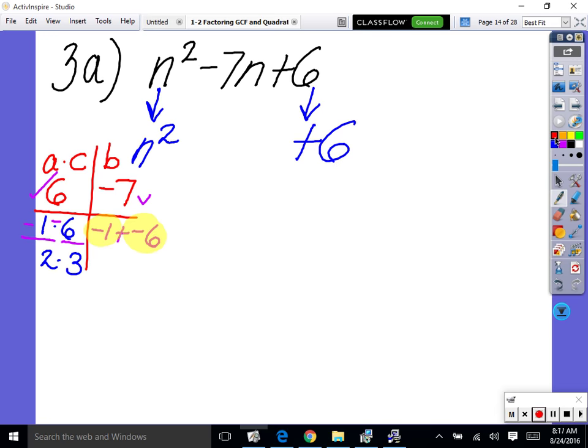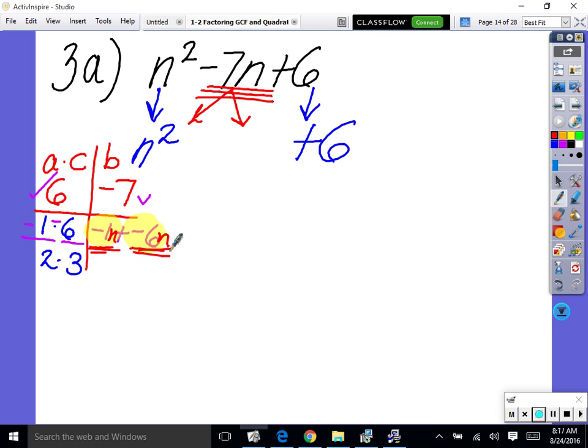And now we're going to break. We're breaking down the middle term. So listen up. We're rewriting that middle term as these two factors. Now think about it. -7n. Can't we rewrite -7 as -1 and -6? Isn't that the same thing as -7? Now we're rewriting -7n. So these have n's.